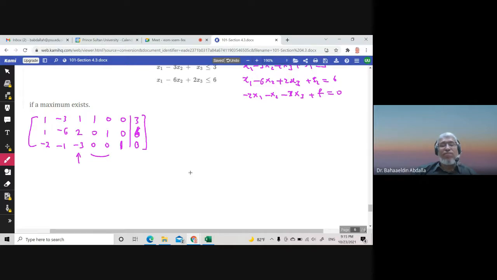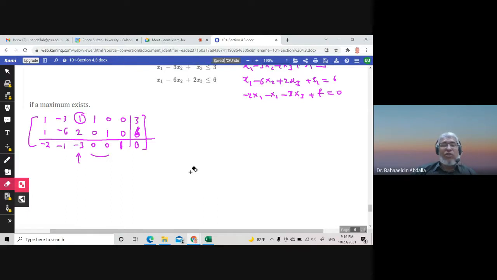Negative 3 is the most negative. 3 divided by 1 is 3. 6 divided by 2 is also 3. So I can choose whether the pivot entry is 1 or 2. Of course, I'm going to choose 1 because it's easier, because it's already 1.